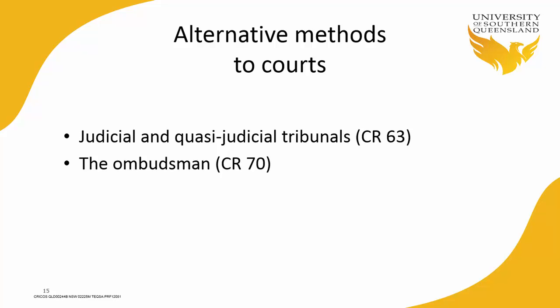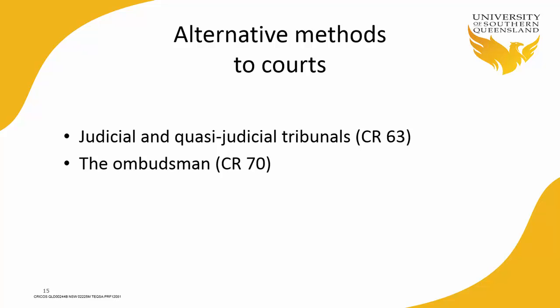And if you're interested in doing a law degree later on, you will have to take a course called administrative law, where there's a much more detailed discussion on this idea of judicial review and the need to follow natural justice.